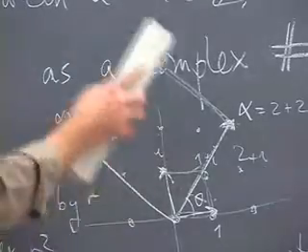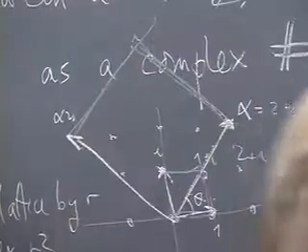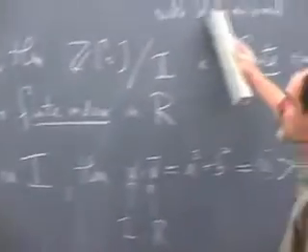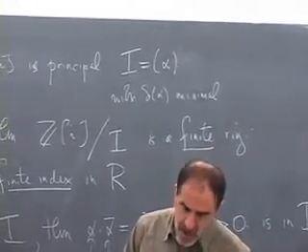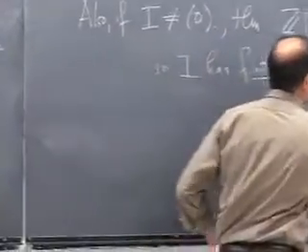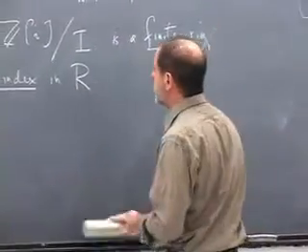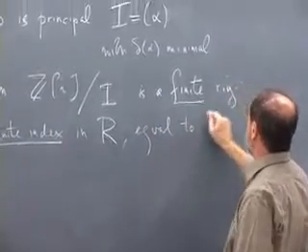Artin has a nice picture of this, which may make it a little clearer. Okay, so we now know that every ideal is principal. If it's non-zero, it has finite index, and this Euclidean function tells us what the index is: finite index in R equal to delta of alpha.